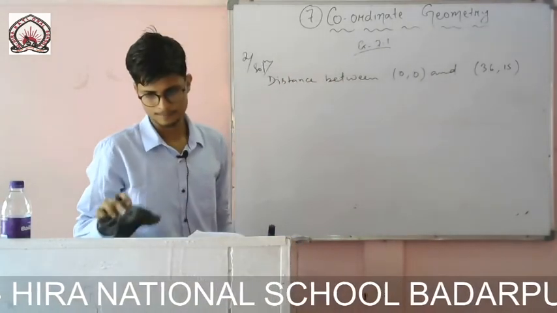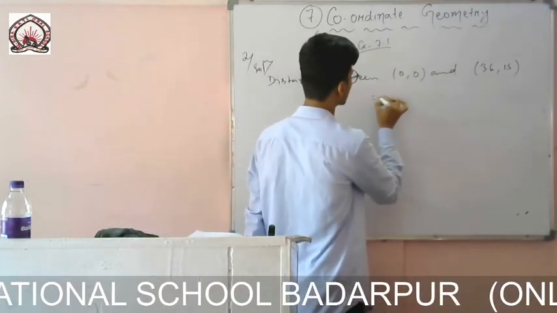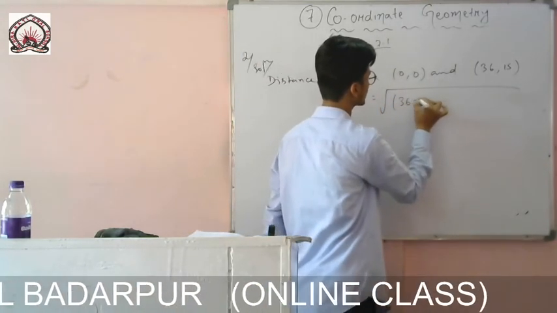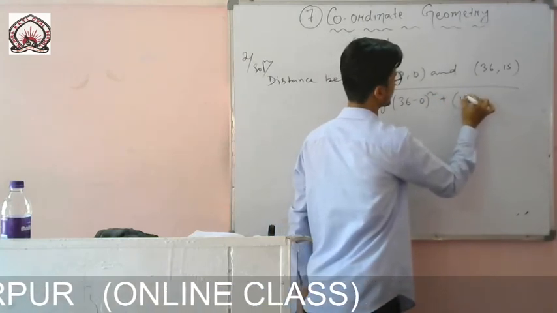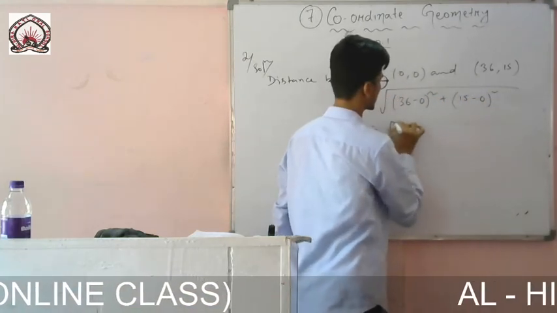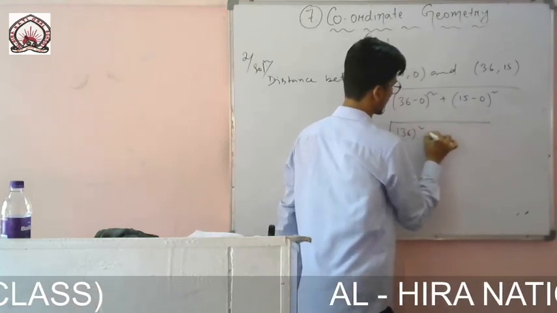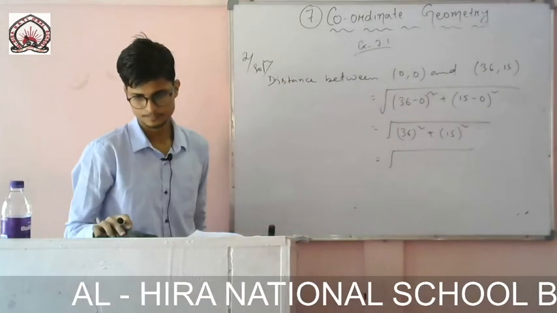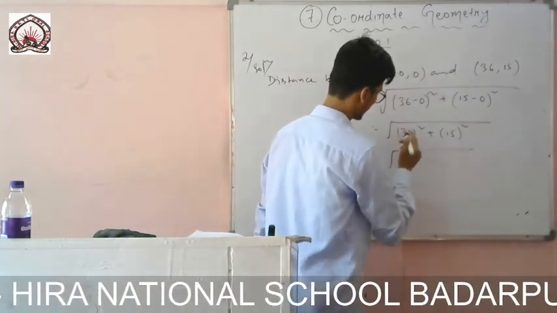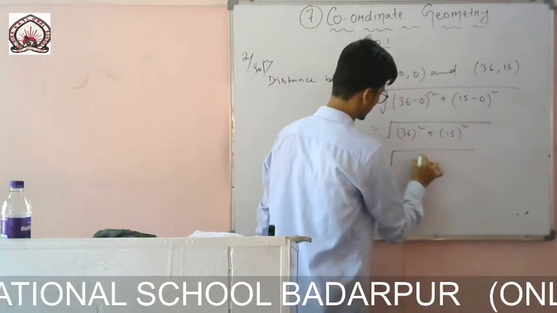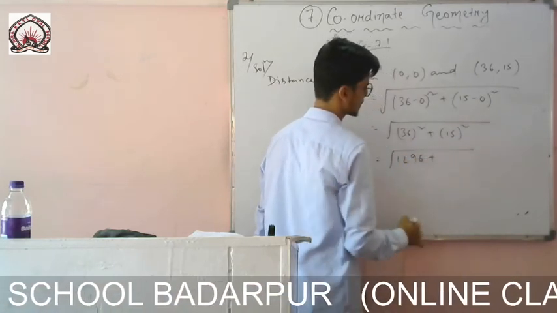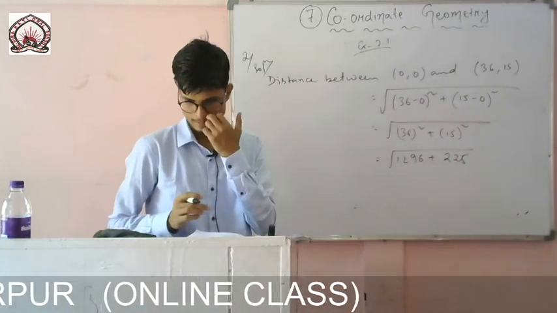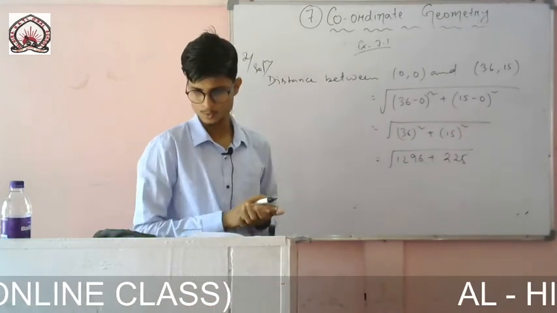So the distance between these 2 points will be root over x2 minus x1 whole thing square, 36 minus 0 whole thing square plus 15 minus 0 whole thing square, that is 36 square plus 15 square. 36 square is 1296 plus 15 square is 225.